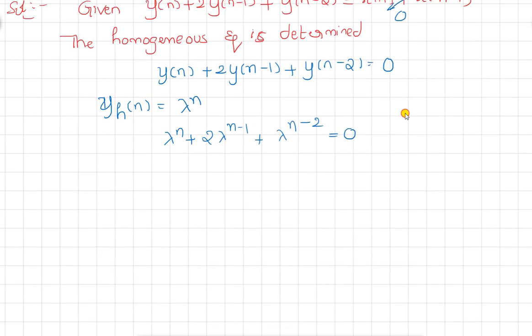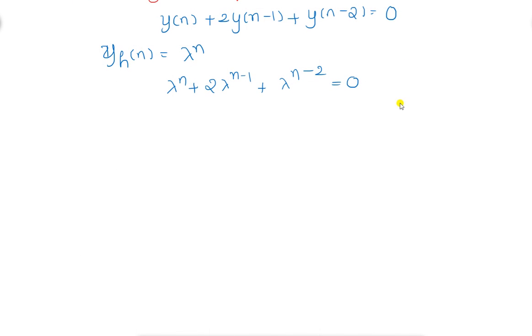Taking lambda to the power of n minus 2 as common, we get lambda square plus 2 lambda plus 1 equals 0.